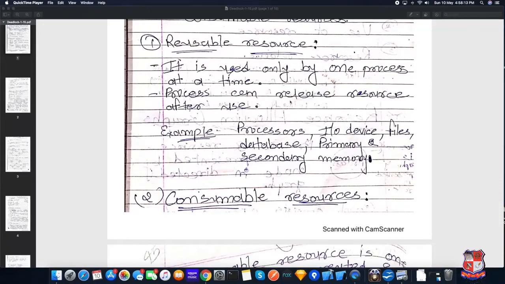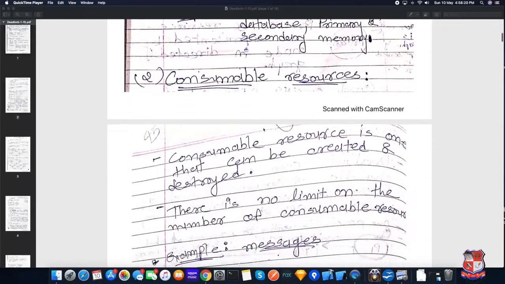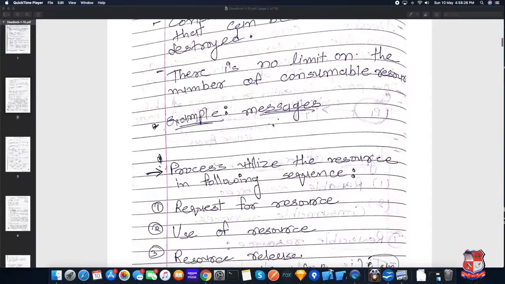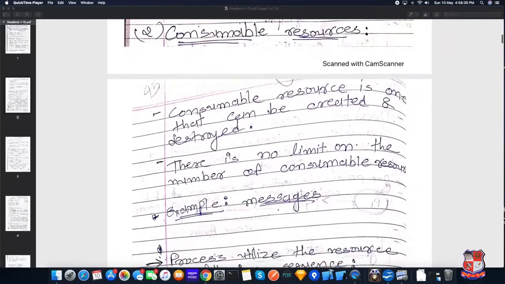Those are the reusable resources. And the next concept is what is a consumable resource. The consumable resource is one that can be created and destroyed. The message is an example of the consumable resource.